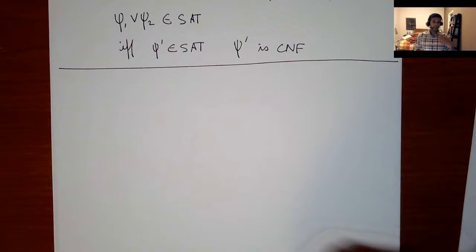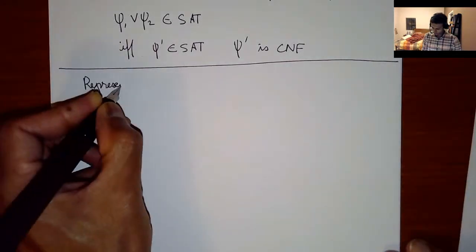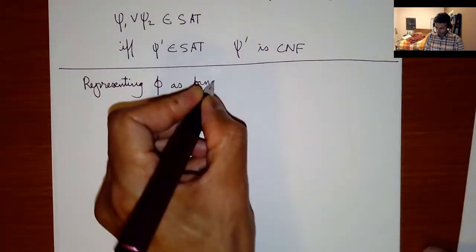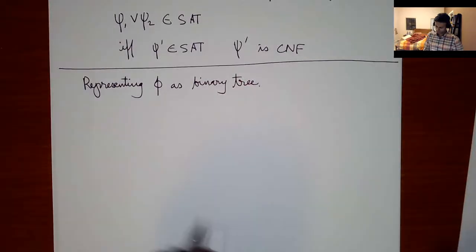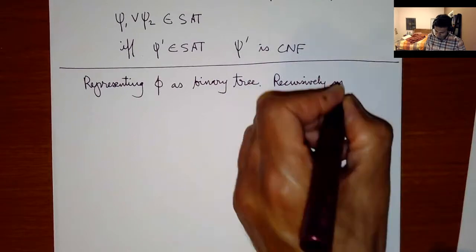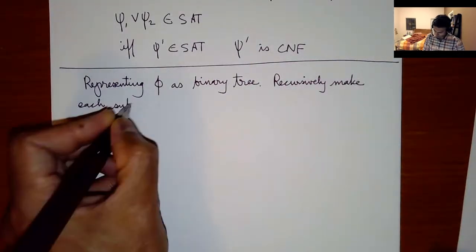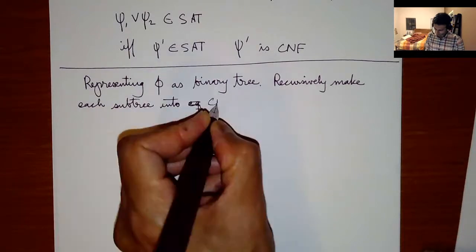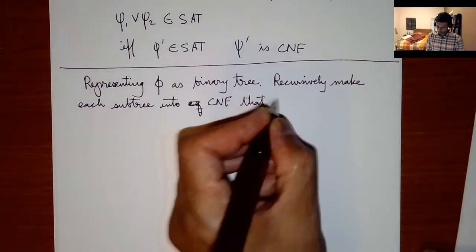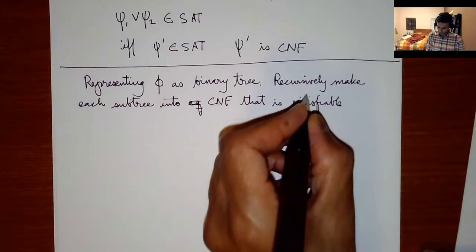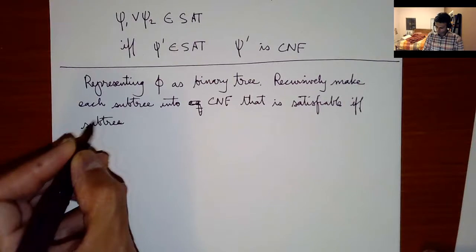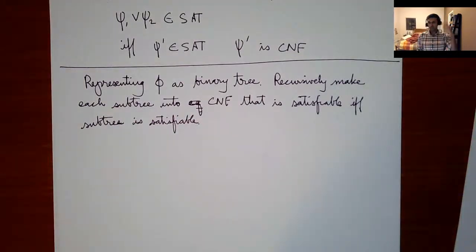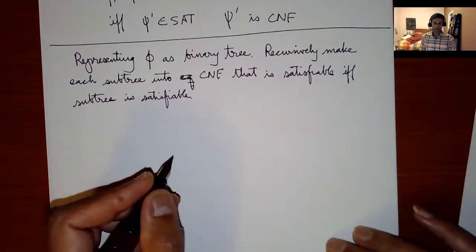So what you can do in general is you would start by representing phi, which is your original formula, as a binary tree, and then recursively make each subtree into a CNF that is satisfiable if and only if the subtree is satisfiable, using the construction we just discussed.